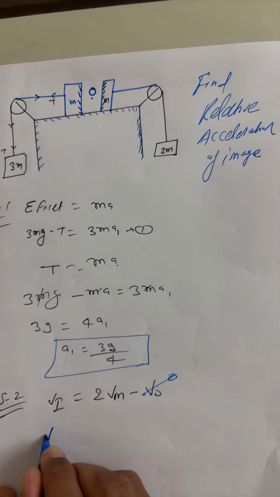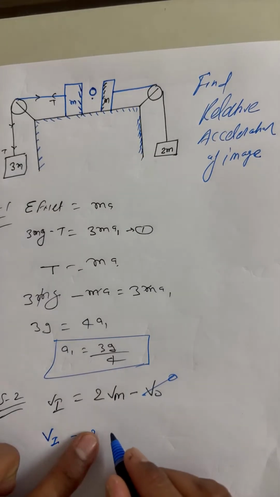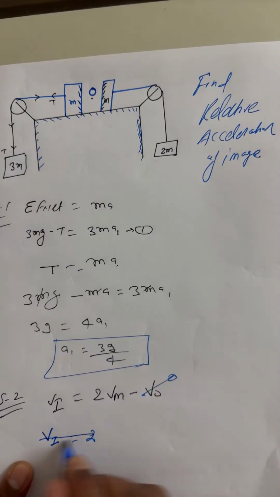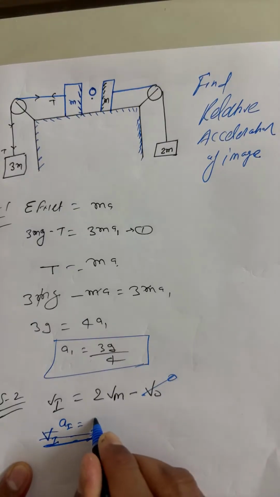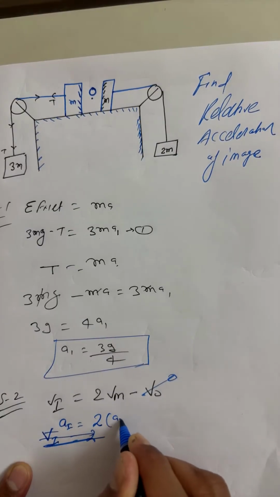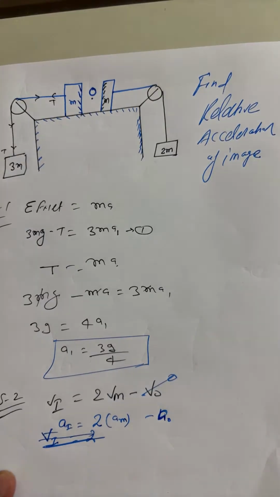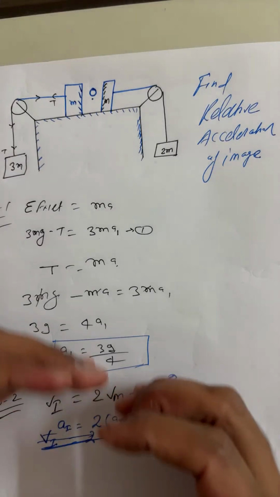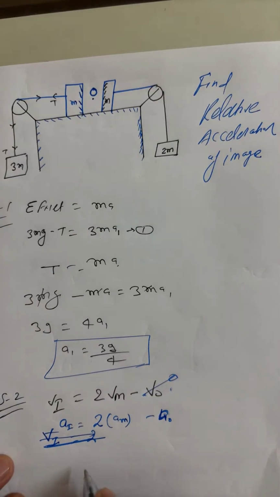So velocity of image is twice the velocity of mirror. You can treat this as acceleration of the body. So acceleration of image is twice the acceleration of mirror minus acceleration of object. You can convert the same formula from velocity to acceleration: just differentiate, where there is v, there is a.